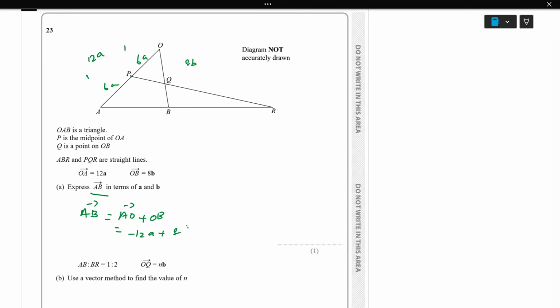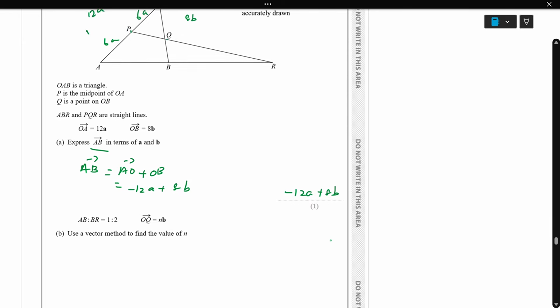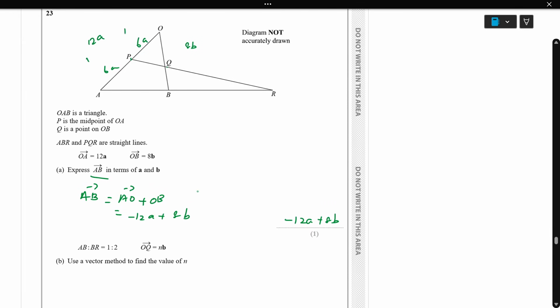So vector AB equal to AO plus OB. OA is given, that is 12A, so AO is going to be negative 12A plus OB is going to be 8B. So the answer is negative 12A plus 8B.